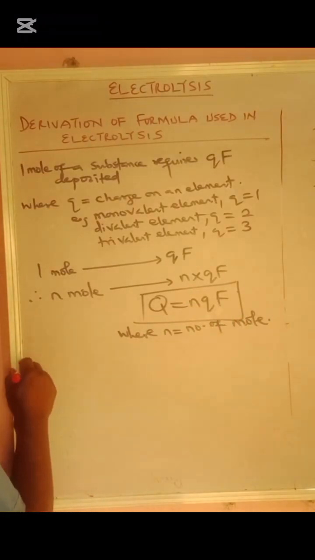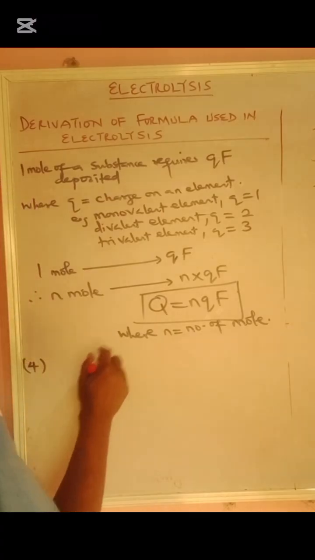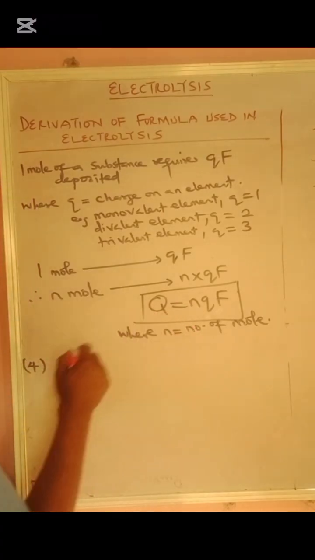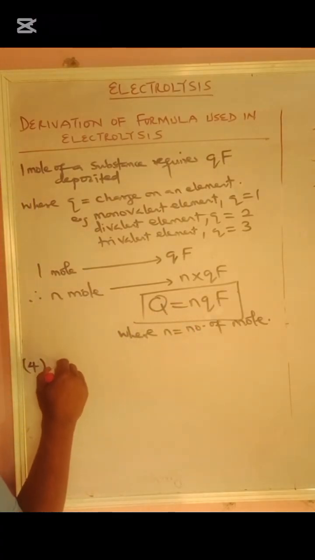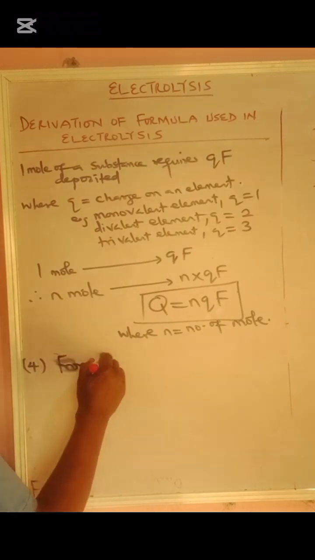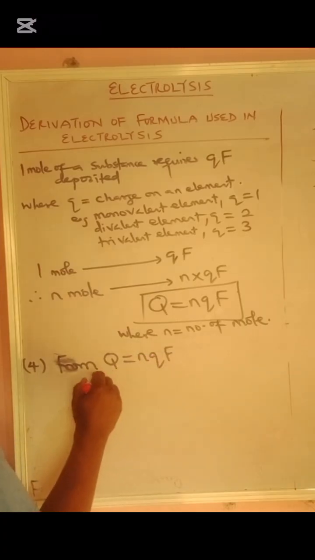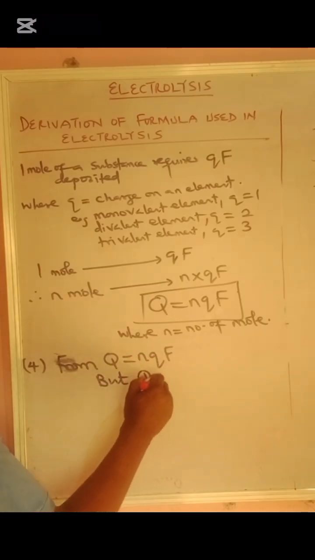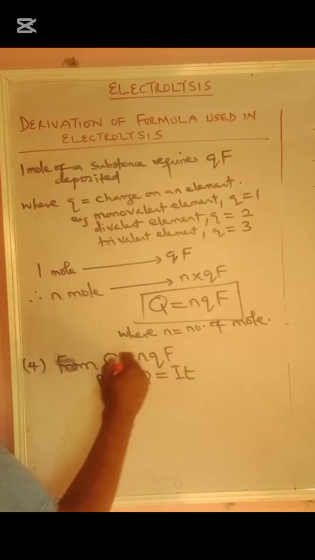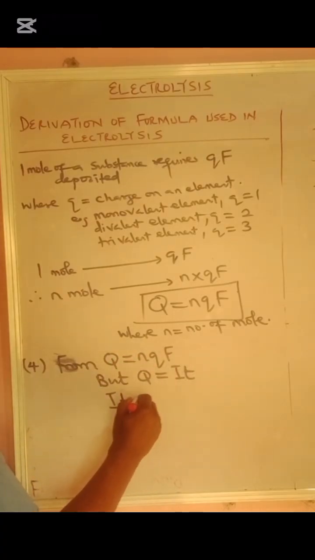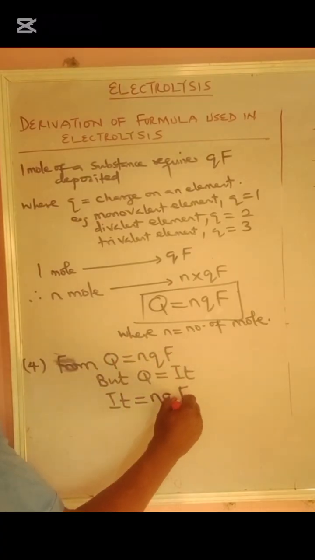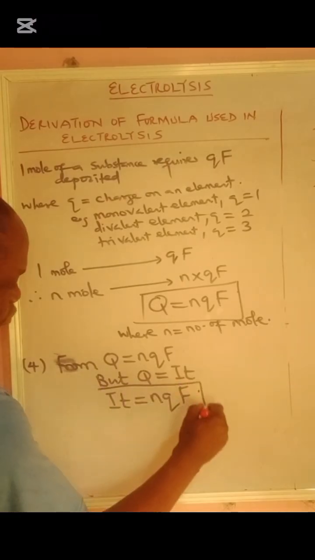Formula 4. From Q is equals to NQF, but Q is equals to IT. So you can say IT is equals to NQF. This is another formula. Very important.